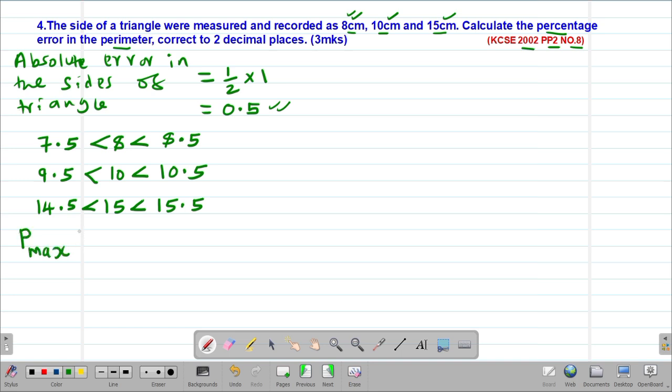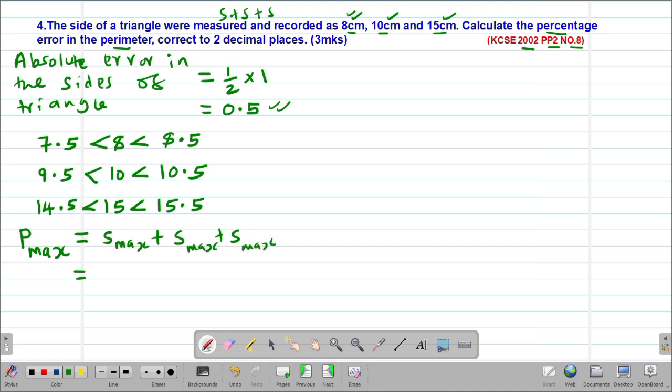Remember, the perimeter of a triangle is given by a side plus side plus side. Therefore, to get the maximum possible perimeter, we'll take the maximum side, then add the second maximum side, then add the third maximum side.